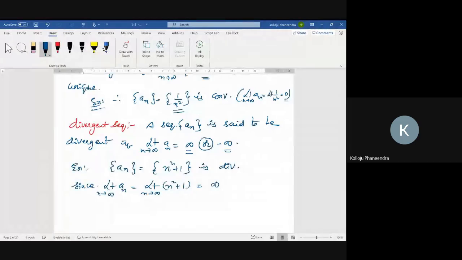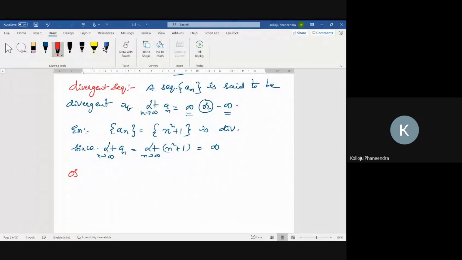And the next one is oscillate sequence. What is the oscillate sequence? In this one, there are two points.